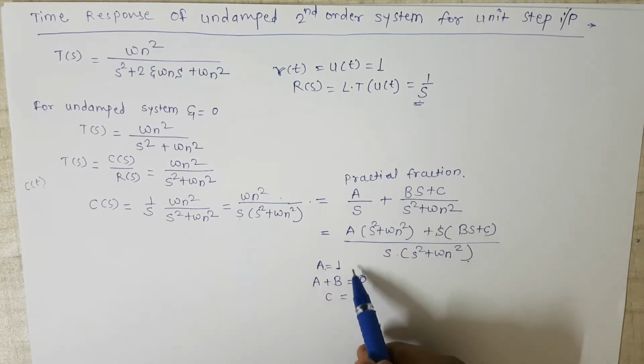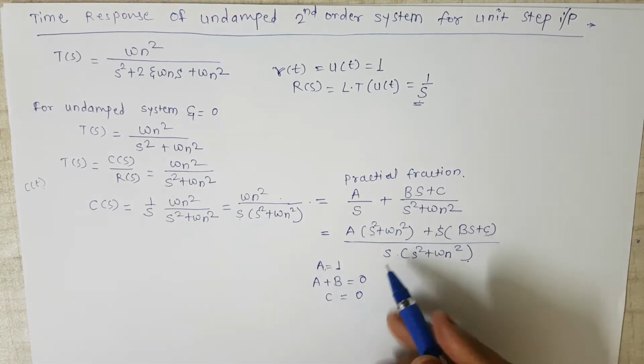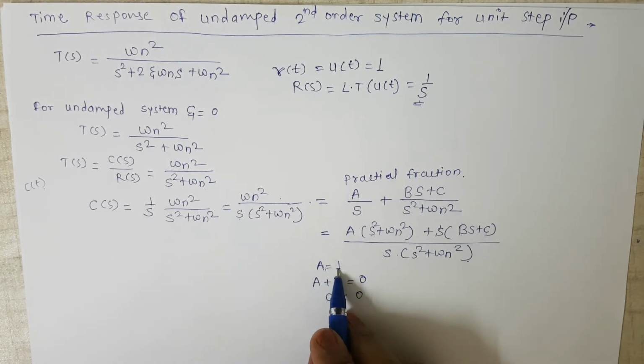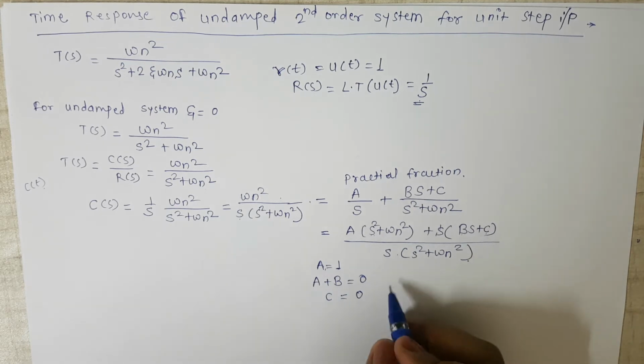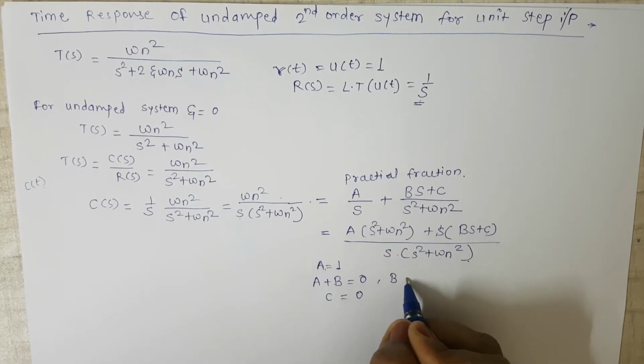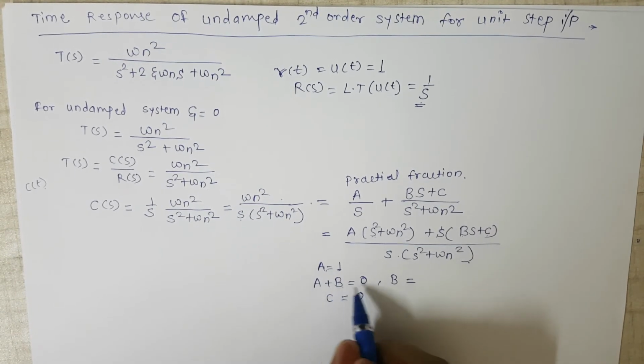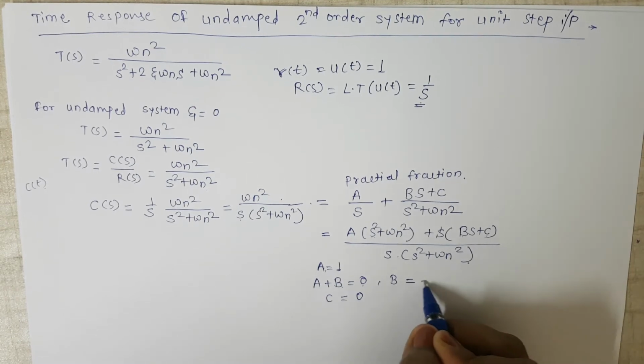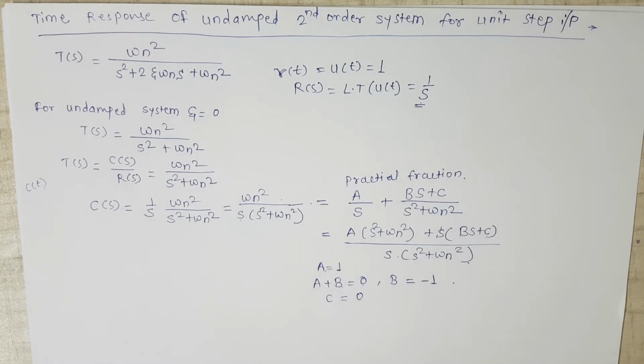Okay, so here now we know A is equal to 1, A plus B is 0. So my B will become what? 1 plus B is equal to 0. That means B will be minus 1.